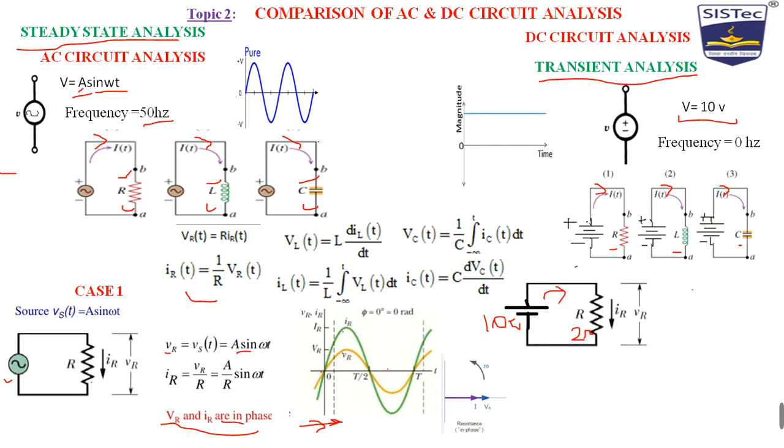Going back to the previous slide, the voltage was A sin omega t, and the current was also A by R sin omega t. There was no change of phase. It is omega t minus 0. That's why VR and IR were in phase.